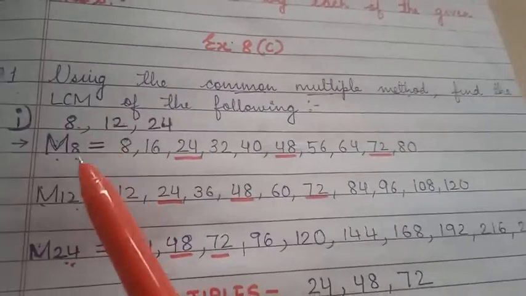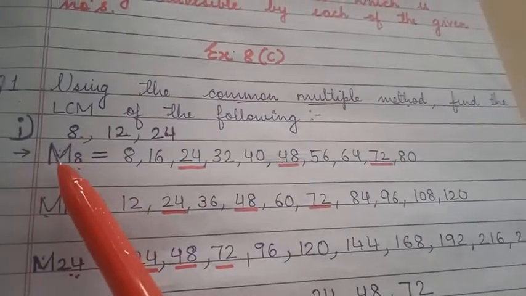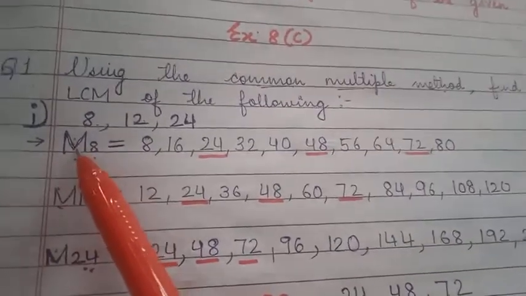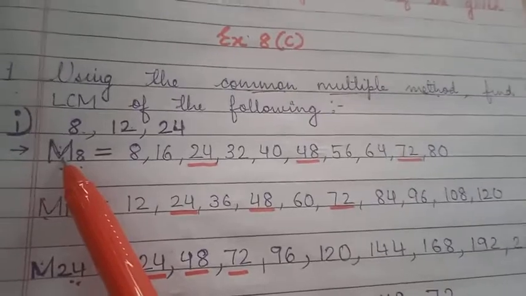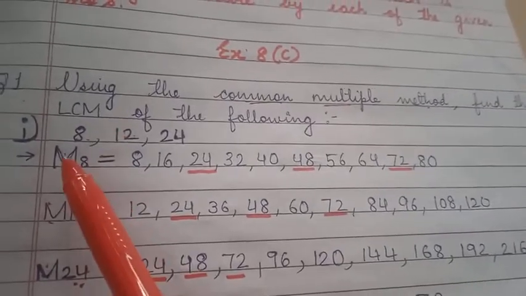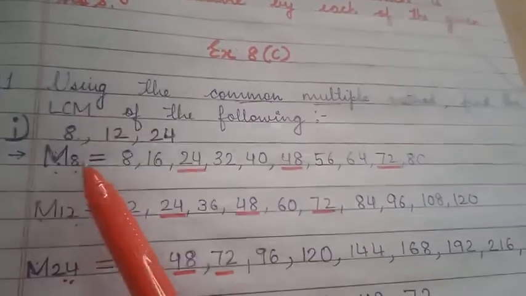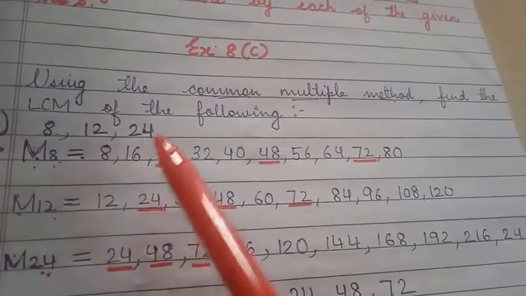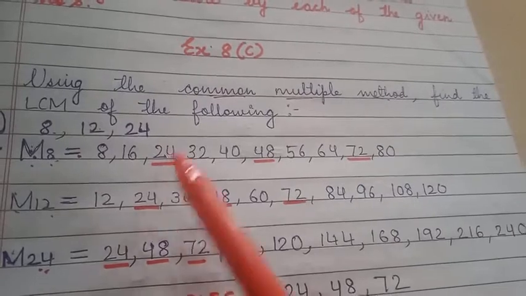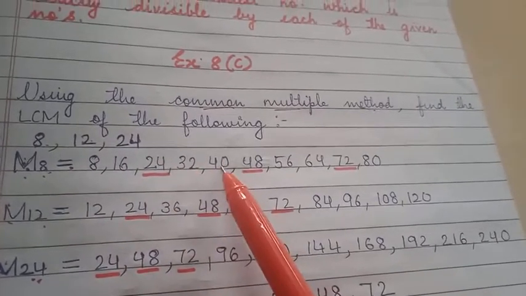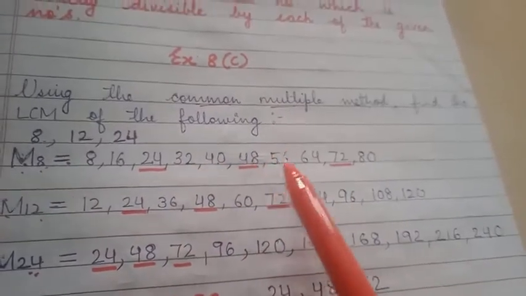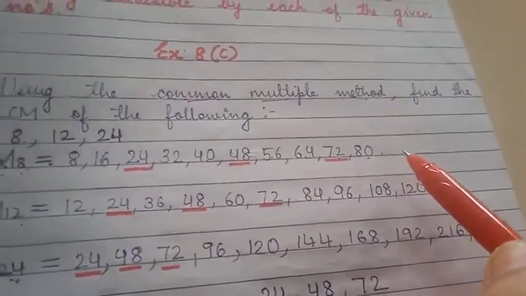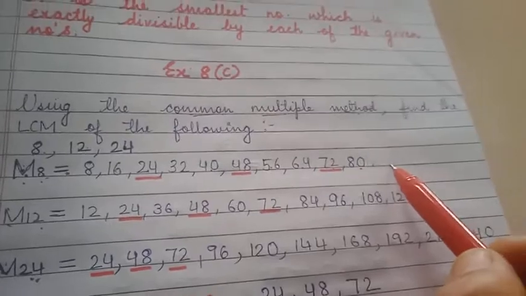Now in case of LCM, you will see what are multiples. Multiples are nothing but your tables. For example, M of 8 means you have to write the table of 8. 8 ones are 8, 8 twos are 16, 8 threes are 24, 8 fours are 32, 8 fives are 40, 48, 56, 64, 72, 80, and if needed you can continue 88, 96.